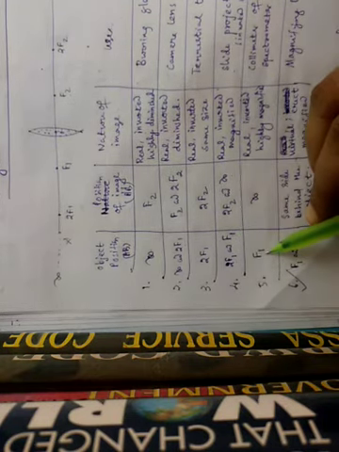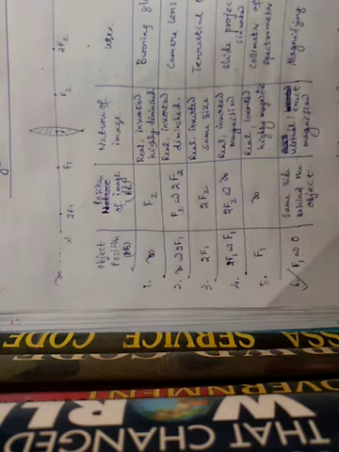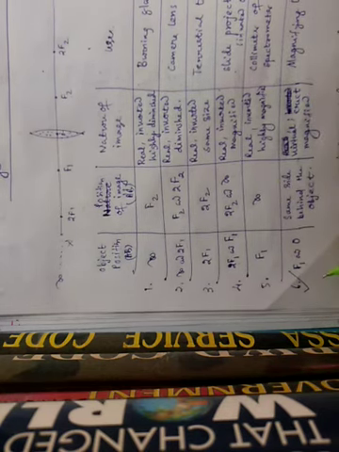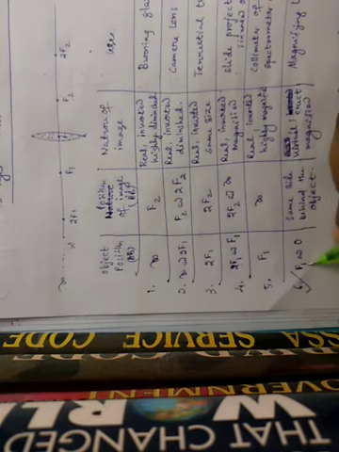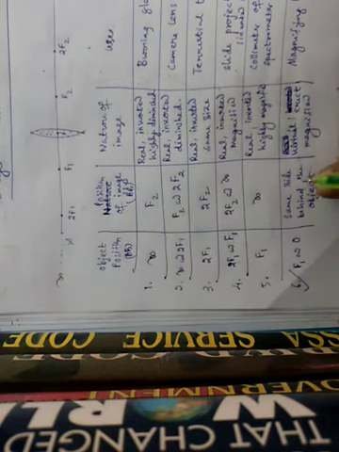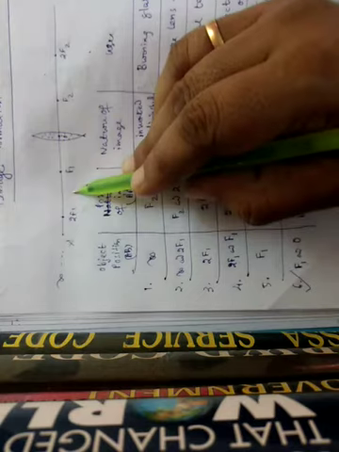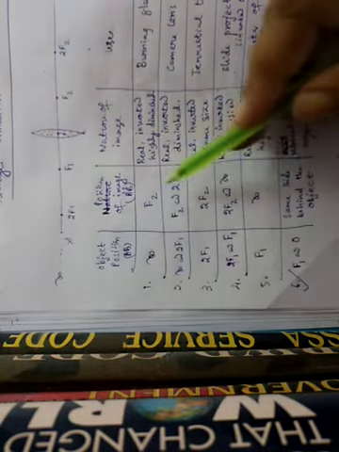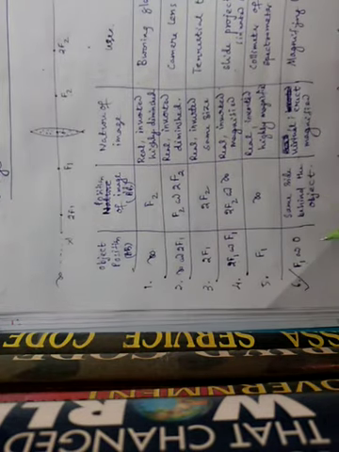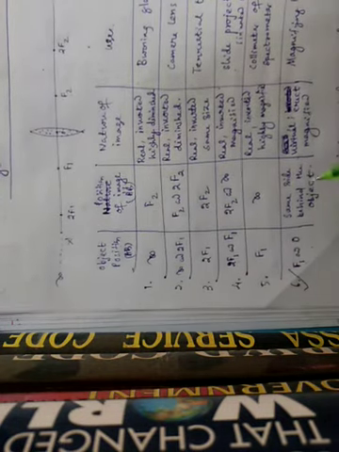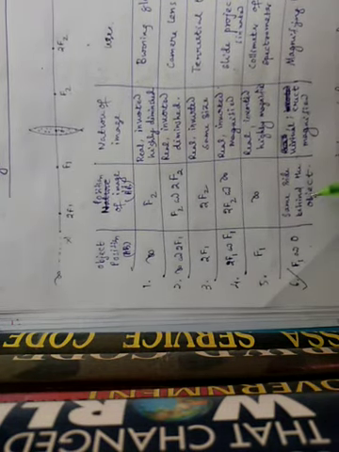When the object is at F1, the image is at infinity. This one you should keep in memory. When the object is between the optic center and F1, the image will be formed on the same side as the object. In all the other cases, the image is formed on the opposite side of the object. Only in this case is the image formed on the same side as the object.